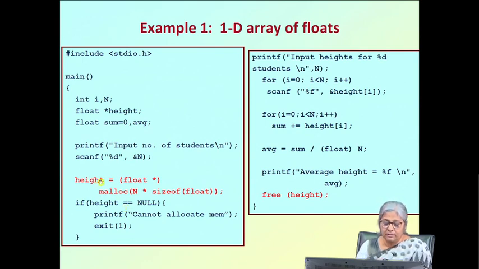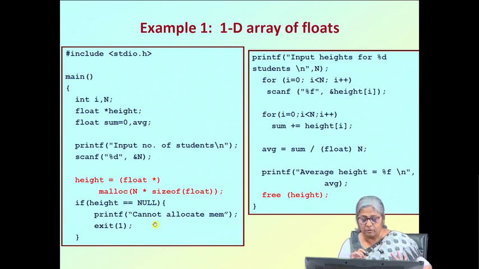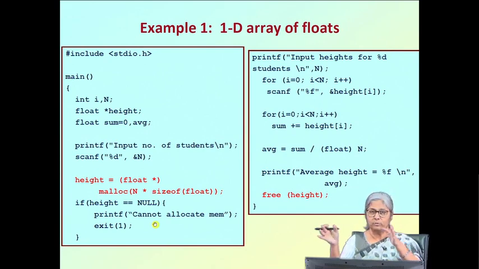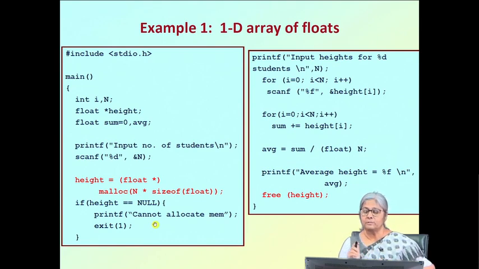I am first checking whether the memory is allocated or not, because if the pointer height equals the null pointer, that means memory is not allocated. That means enough memory was not there, or there may be some other error, but the memory is not allocated. If it is not null, that means memory is allocated, and height is pointing to some byte of the allocated memory space.